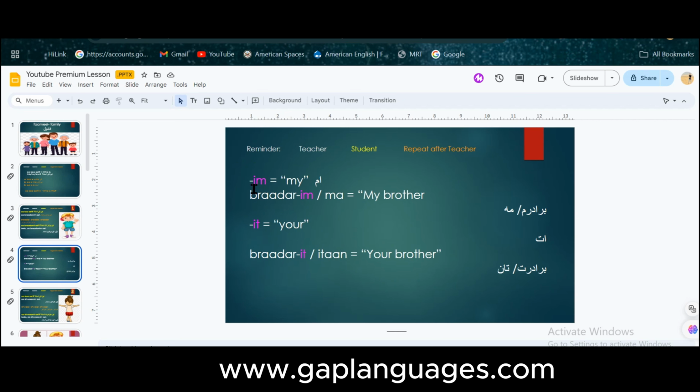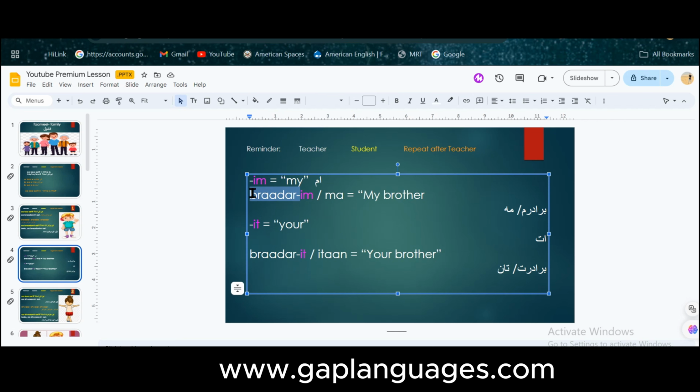So in this slide, you can see, as I said, I can walk you through both my and your. Here, am indicates "my." For example, brother is a noun, and after adding am at the end of a noun, it changes into the possessive.